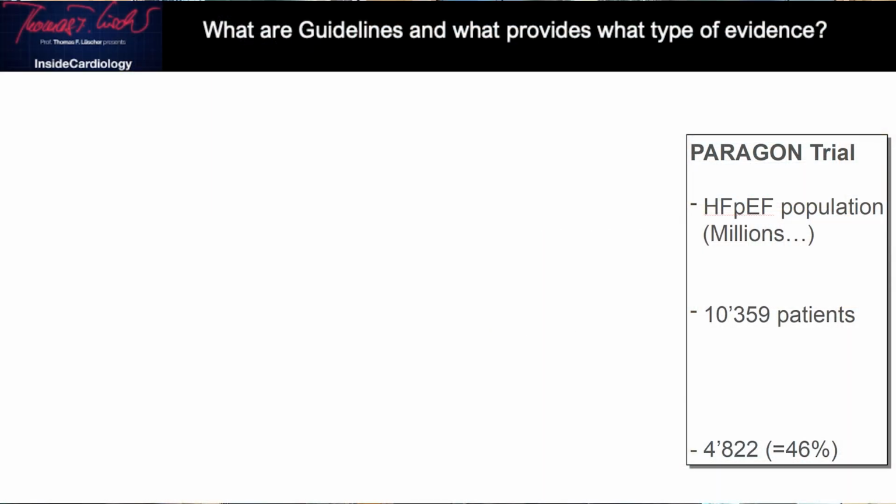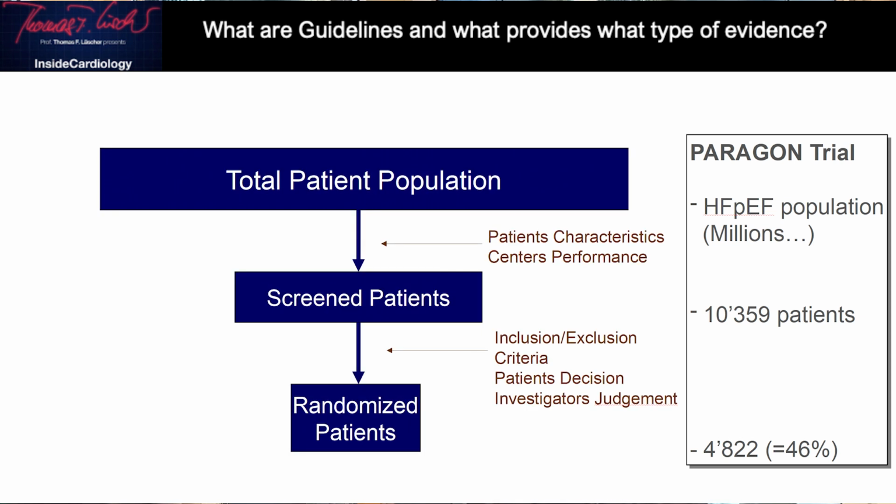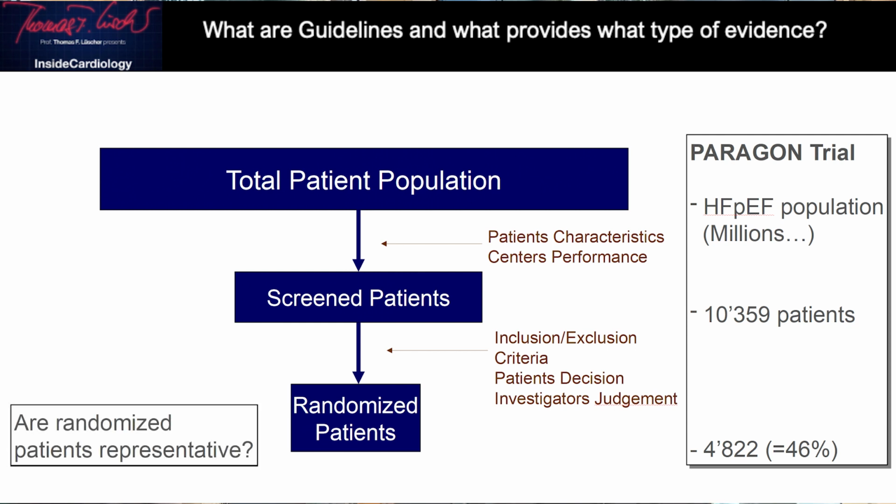You can see the total patient population, then the screened patients, and the actual randomized patients. And here you can see that not always are these patients representative for the overall population that we see in everyday practice. For instance, in the Paragon trial, the HFpEF population are millions.